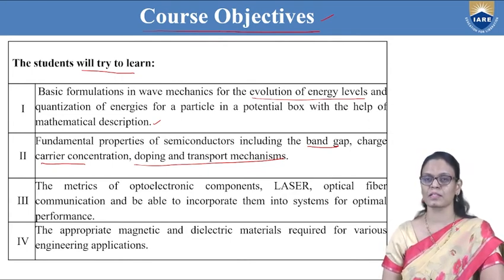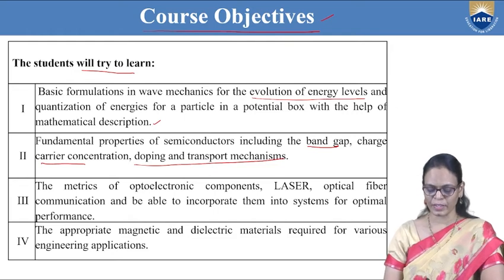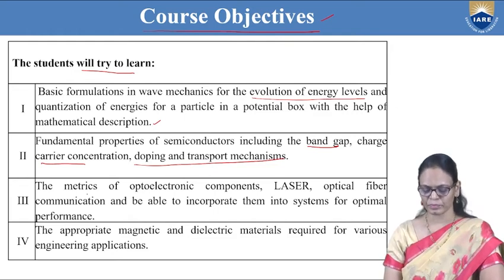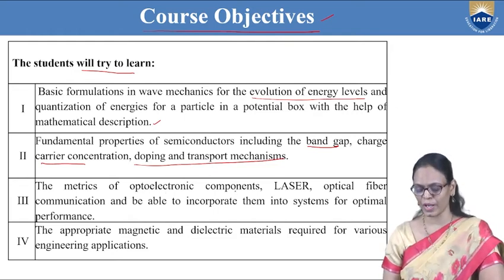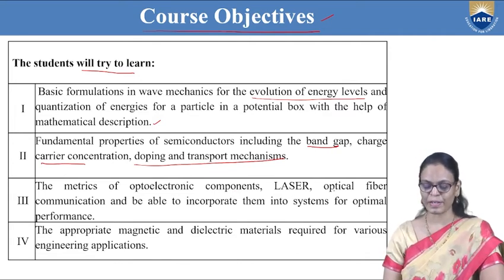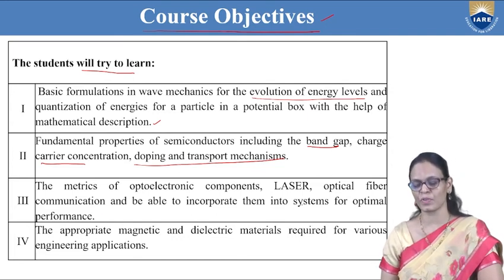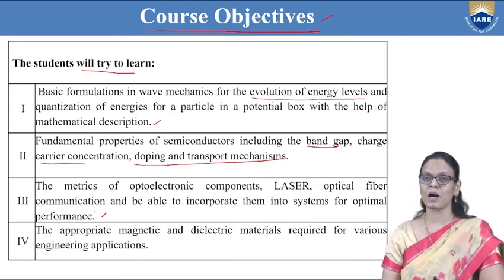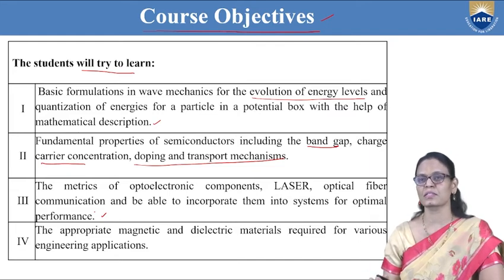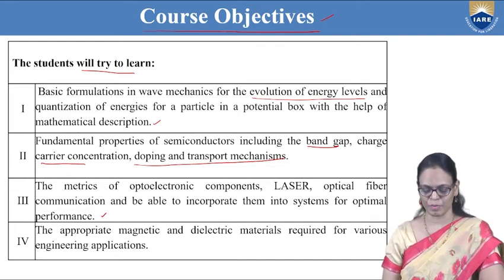So all this is being achieved. And then the third one is the metrics of optoelectronic components, laser, then optical fiber communication, and they should be able to incorporate them into systems for optimal performance, how they can be used in different systems.